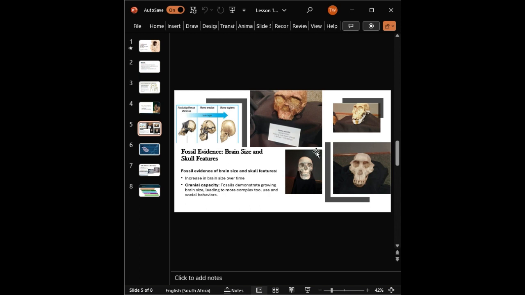As you can see, this skull here is larger than this skull here. As brain size increased, it allowed for more complex thinking and behaviors, such as tool making and social organization. We will explore tool making and social organization in the upcoming lessons.